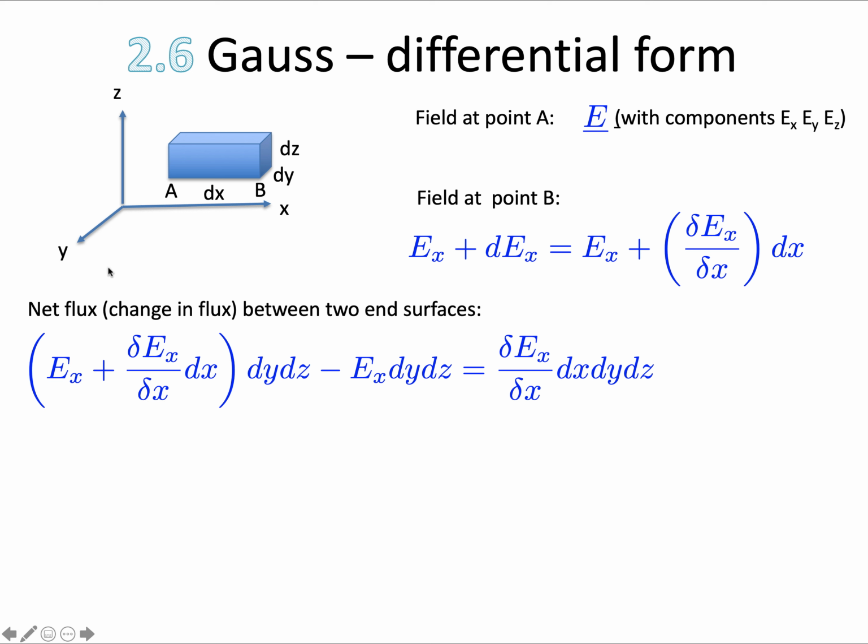So here we have the field at point B times the area of the square on the end at point B, then the field at point A times the area of the block at point A, and they cancel out a bit to give this.